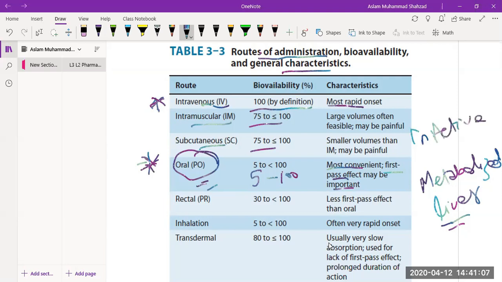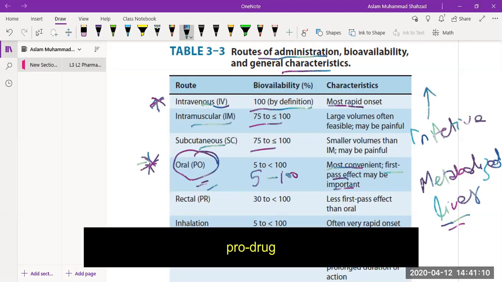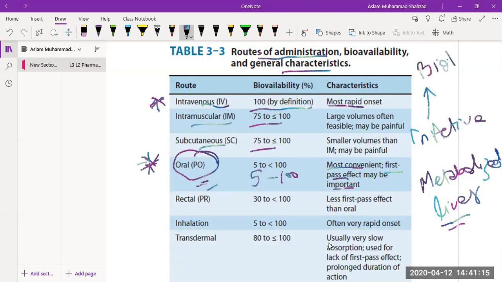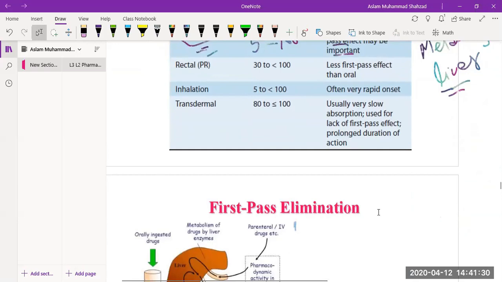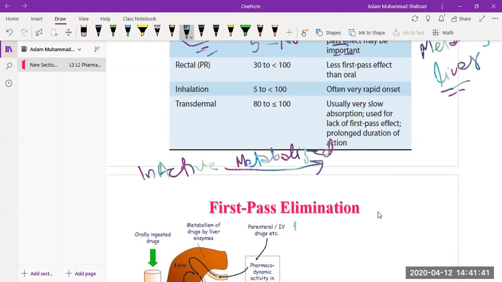It is not active, but after first pass effect, meaning after metabolization or biotransformation of the drug from inactive to active metabolite, I'm showing you here: a drug that has been given in inactive form is metabolized in the liver, and then biotransformed into an active metabolite.